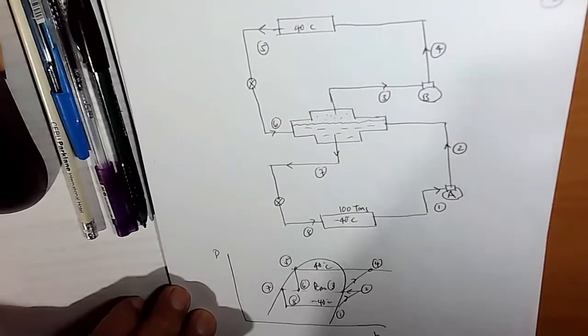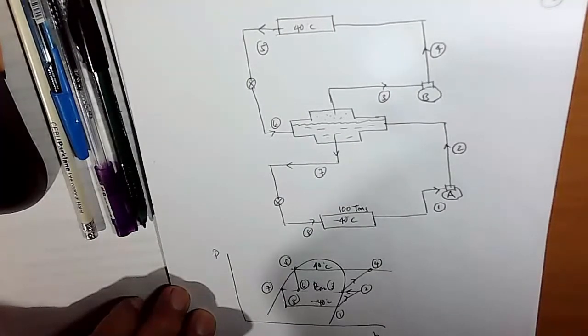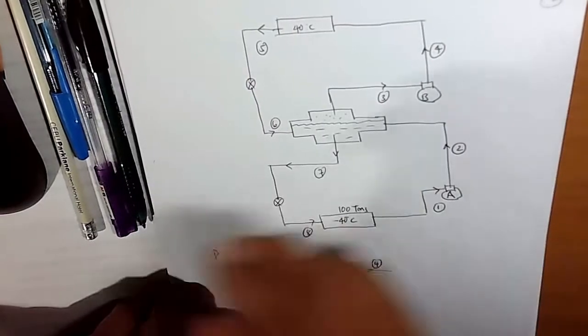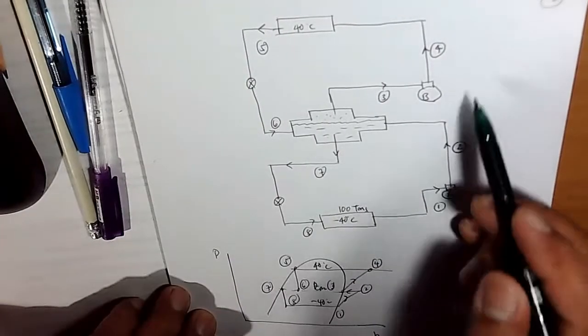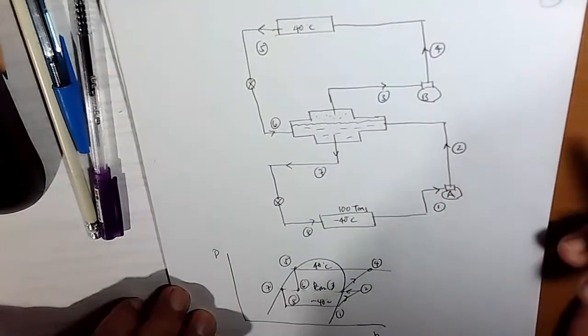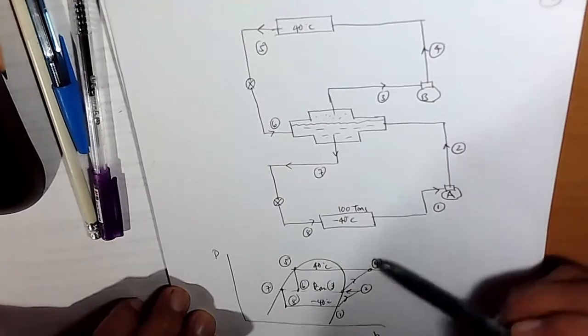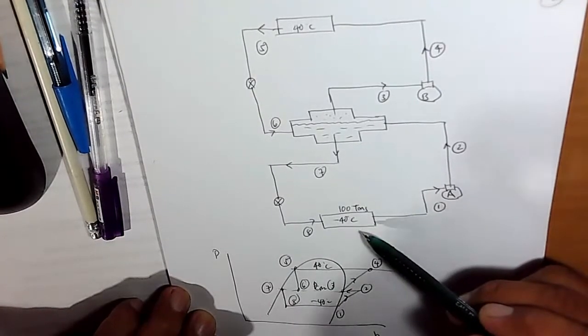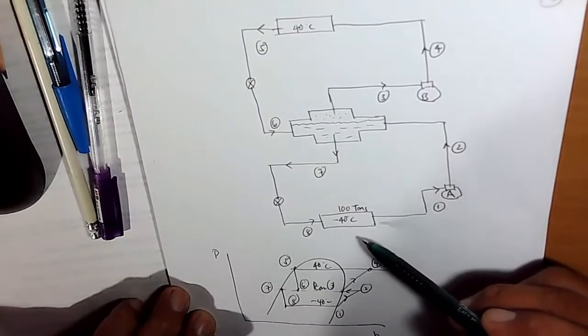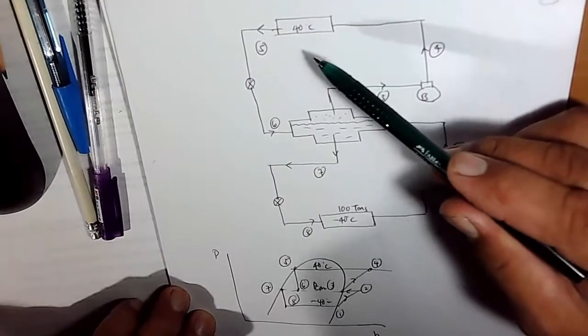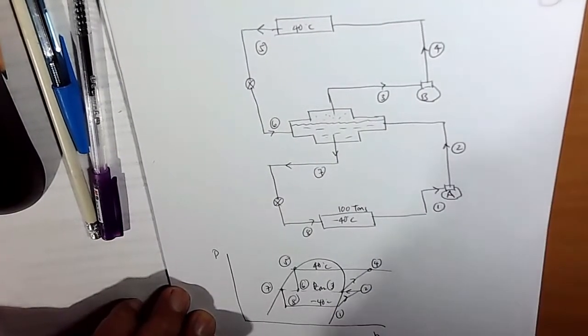Then this is now the corresponding value that we are going to compute, with the same numbers that we have a while ago. And this is the corresponding P-h diagram. I consider this evaporator temperature as negative 40 and your condenser temperature, or condensing temperature, as 40.